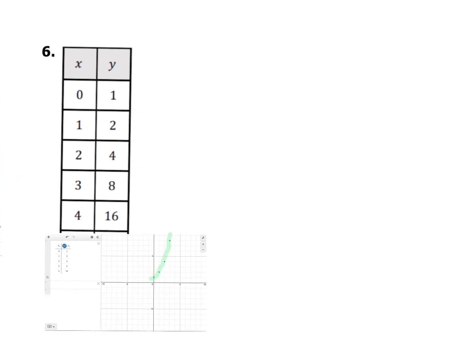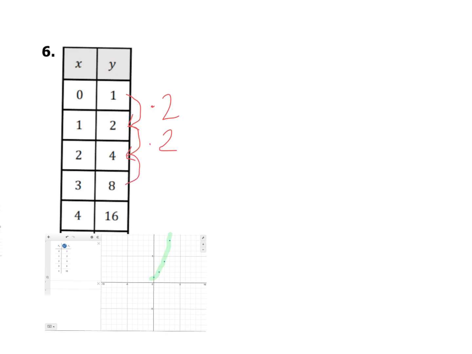Well, exponential means that we are multiplying. So 1 times what number gives me 2? Well, 1 times 2 gives me 2. Well, 2 times what gives me 4? Well, 2 times 2 gives me 4.